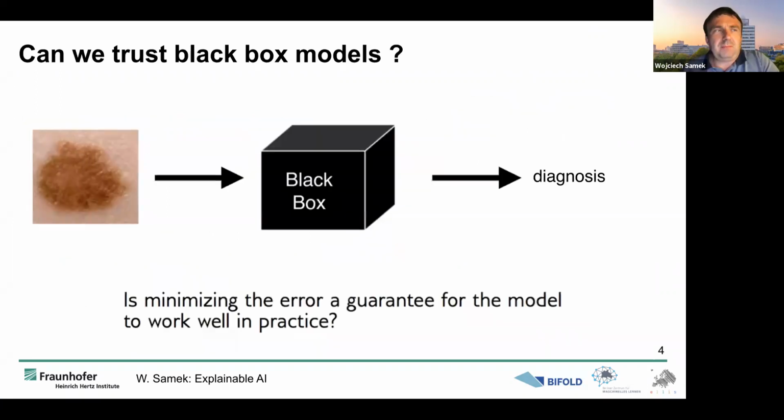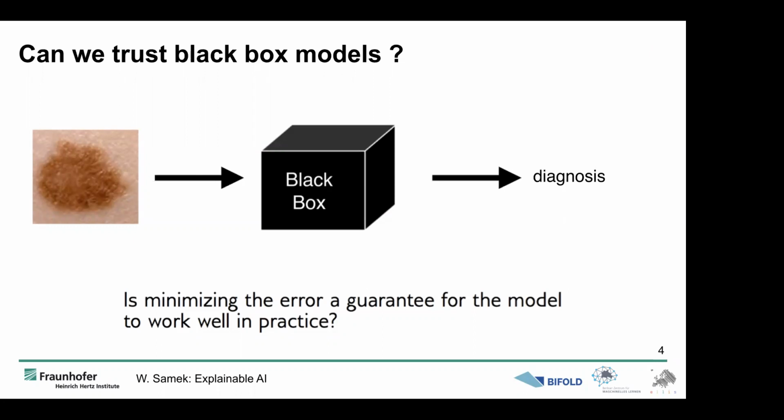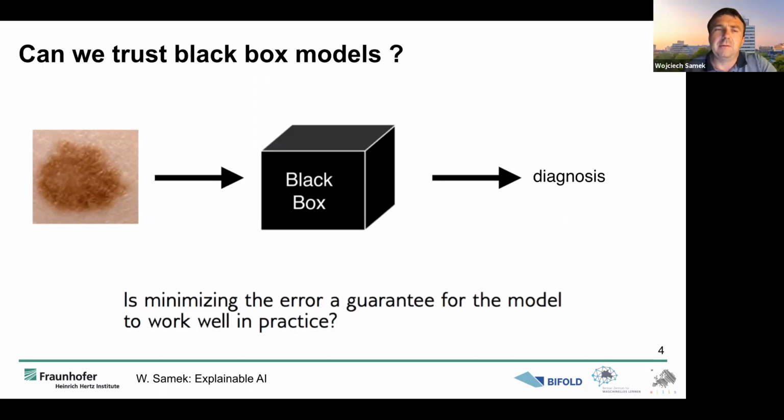Today our models are even more complex. We have deep neural networks with millions or hundreds of millions of parameters, and they process complex data, images, time series data. And therefore no wonder people for a long time regarded these kinds of models as black boxes.